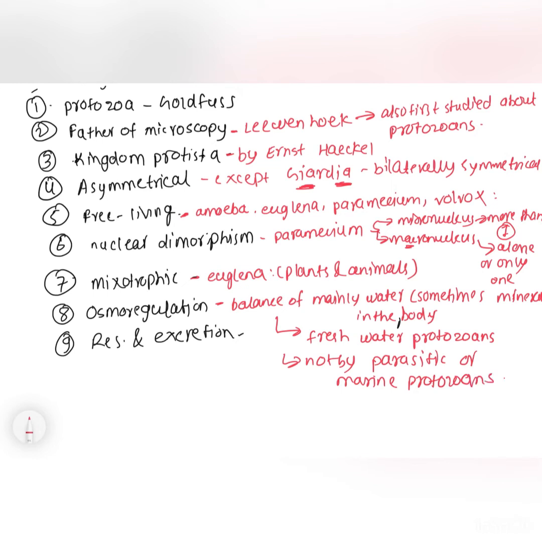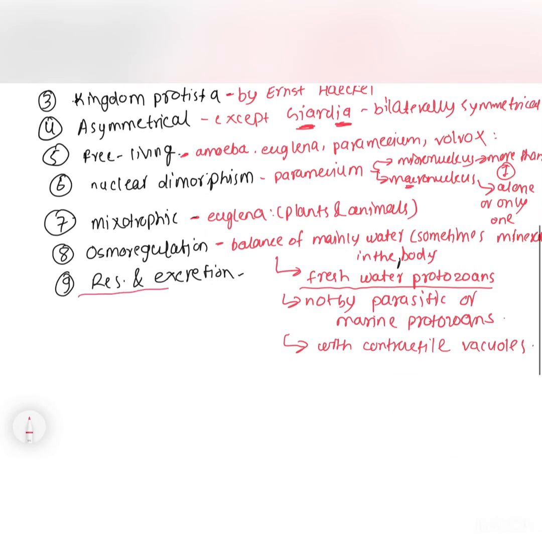So the freshwater protozoans exhibit osmoregulation with the help of contractile vacuoles. And respiration and excretion are done through the general body surface.